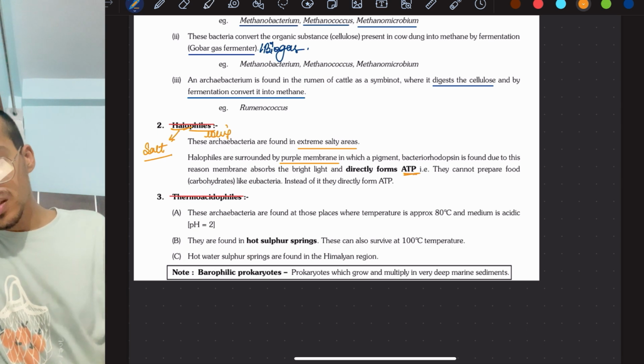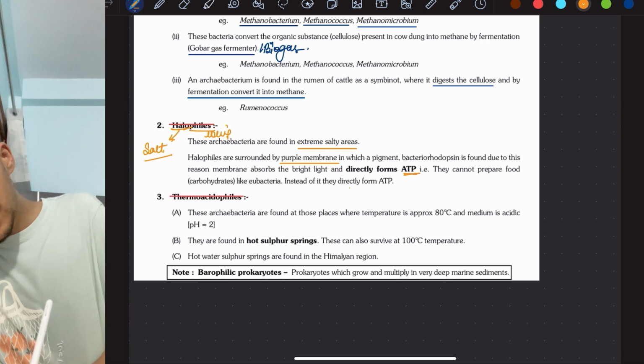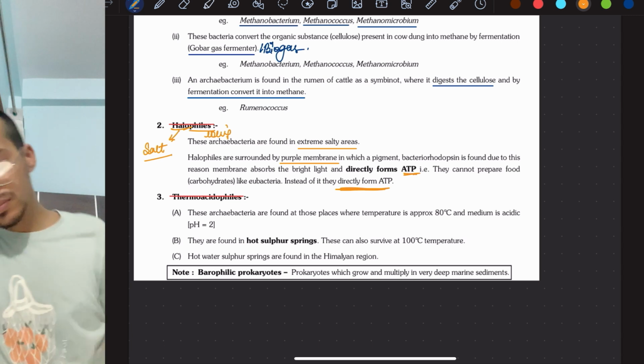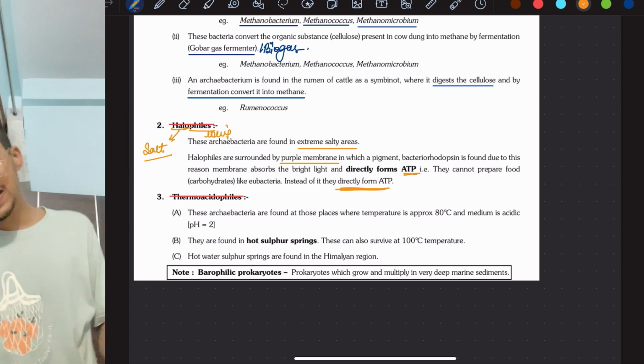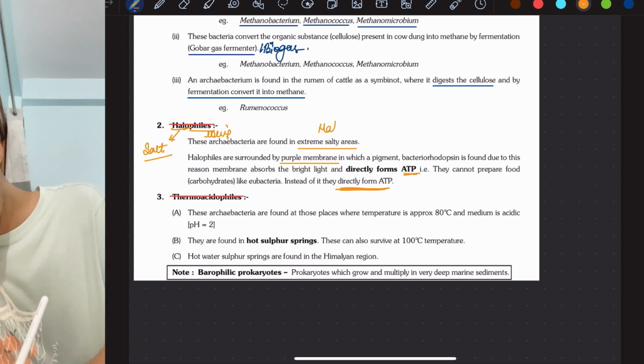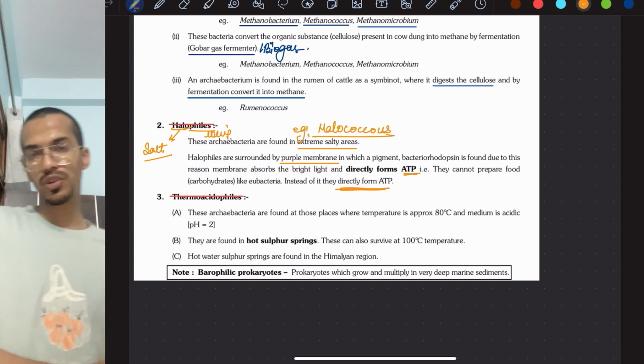The example for this is Halococcus. You will remember at least this one example which I am telling you.